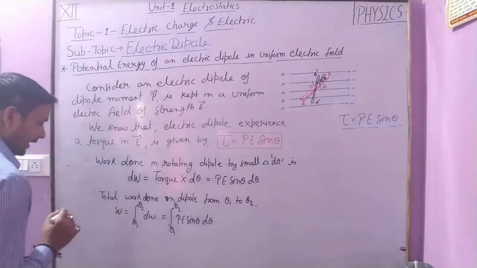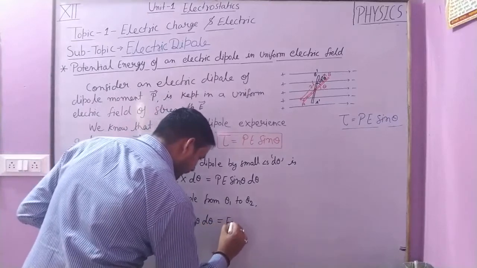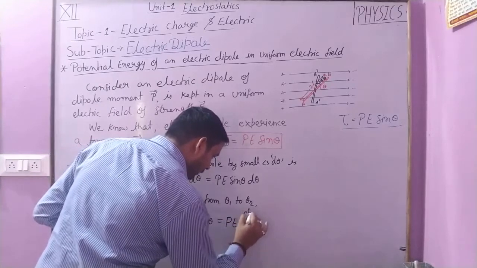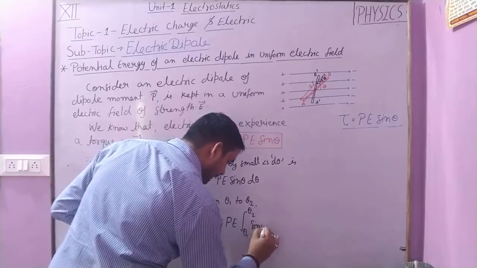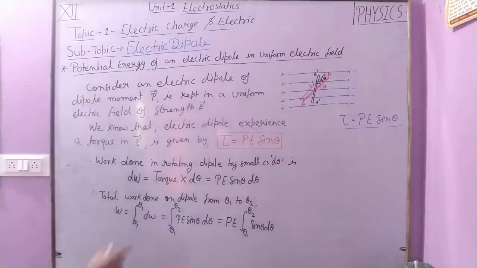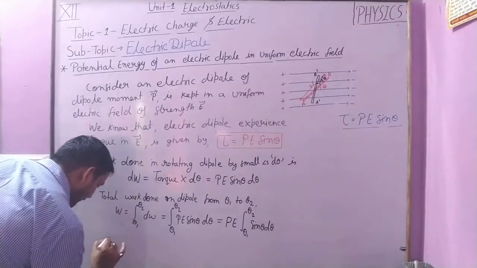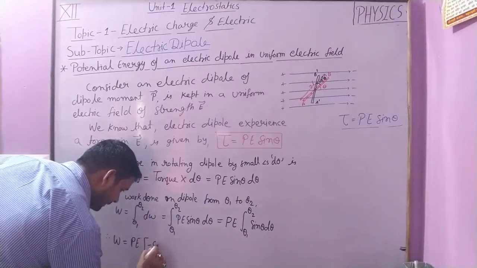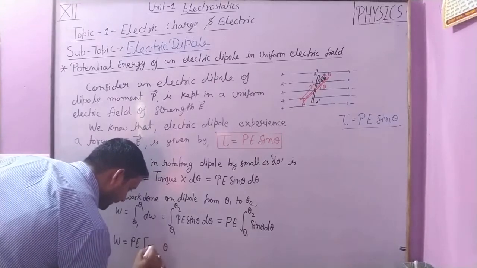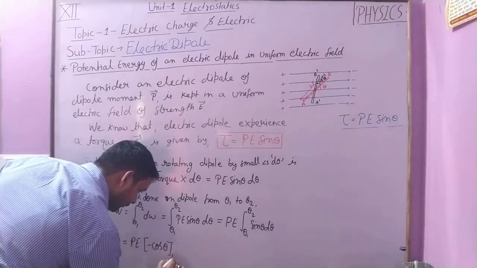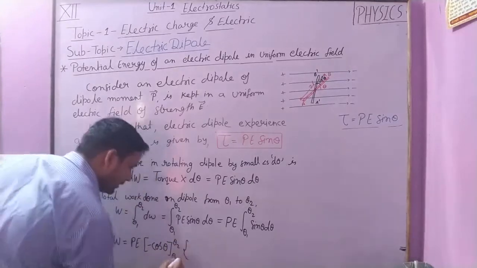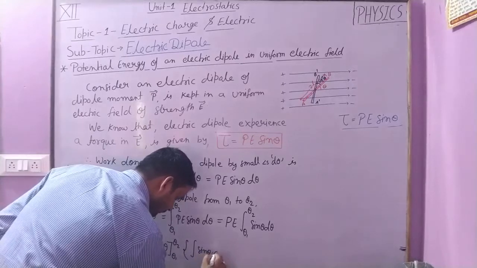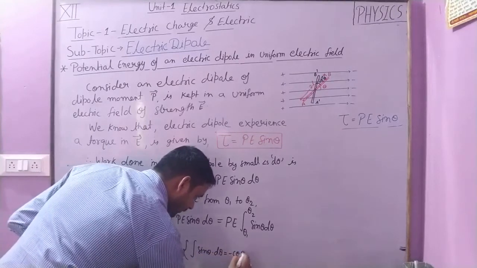Both quantities are constant, therefore we can say that W is equal to PE times the integration from theta 1 to theta 2 of sin theta d theta, and the integration of sin theta d theta is minus cos theta.